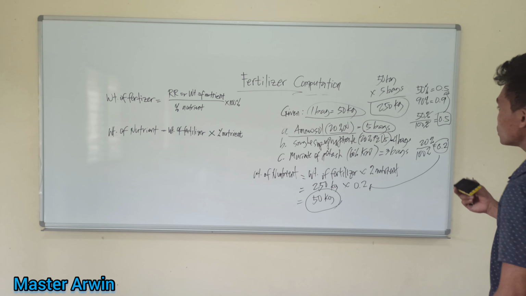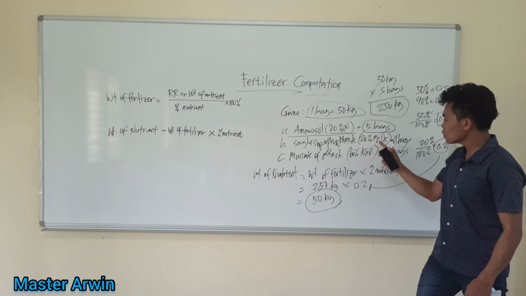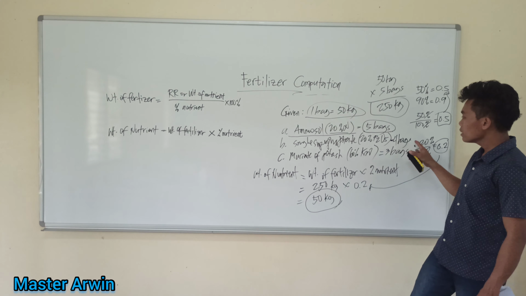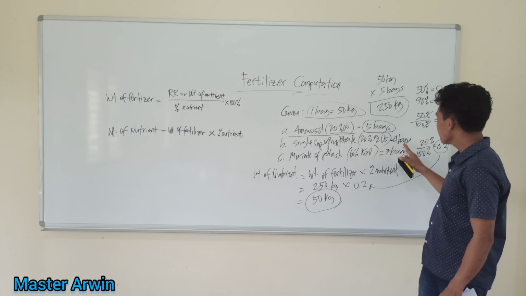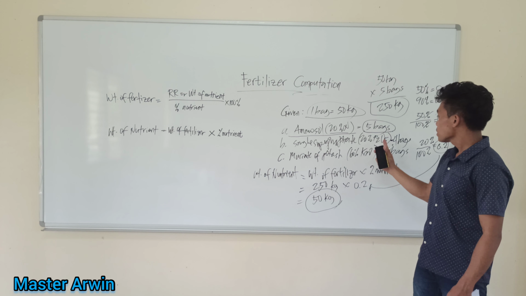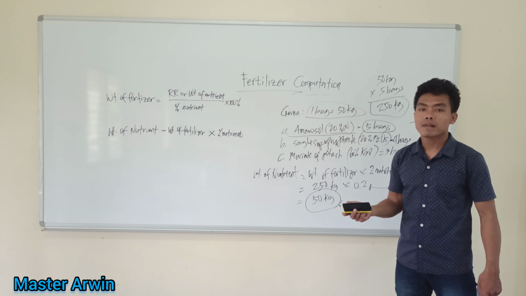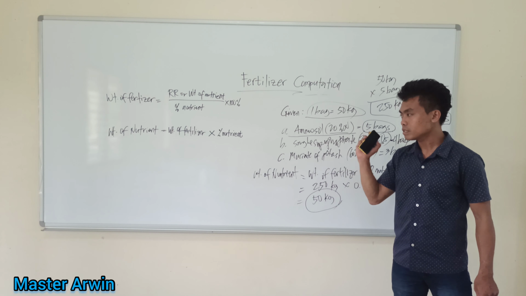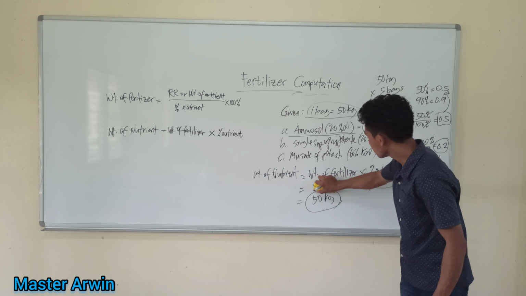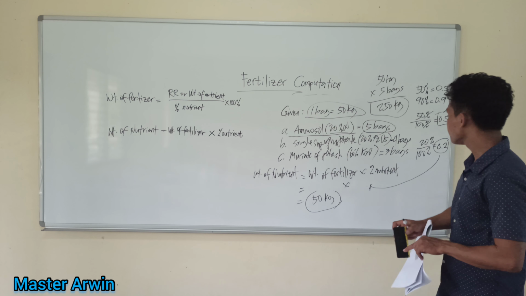Okay? So we will compute for how much phosphorus you apply from this material. If you apply 4 bags of single superphosphate, how much phosphorus have you applied? So the same process, guys, the same formula. Okay?